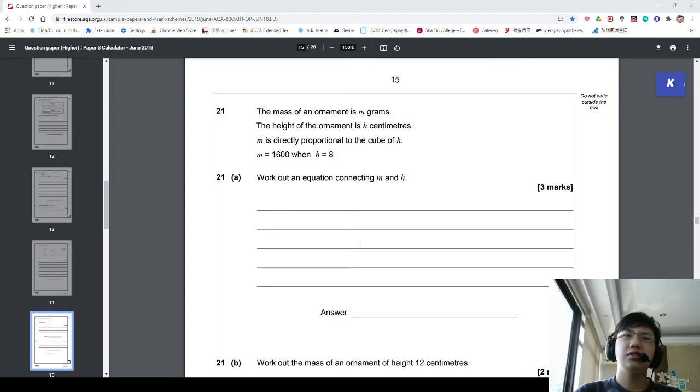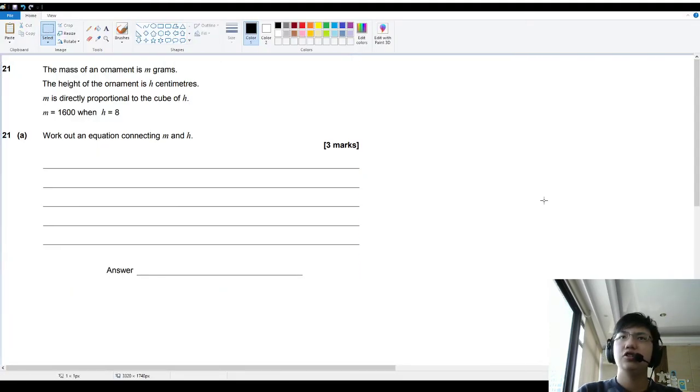So this question is about direct proportionality, or just proportionality in general. A common rule we can write is m equals a constant times h cubed, since m is directly proportional to the cube of h, not h itself.